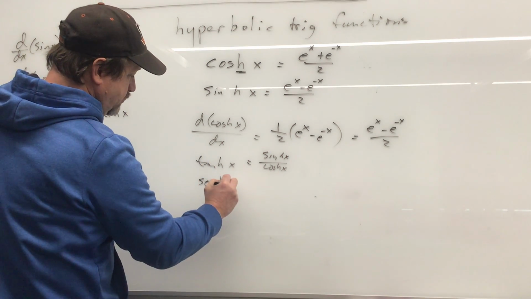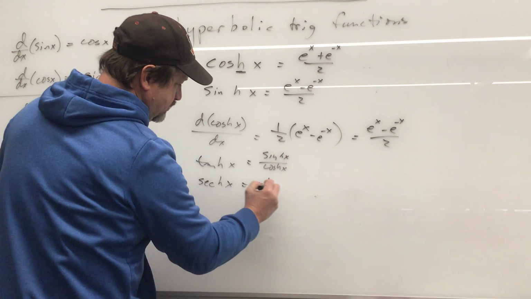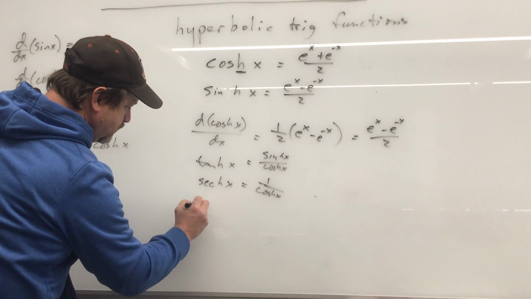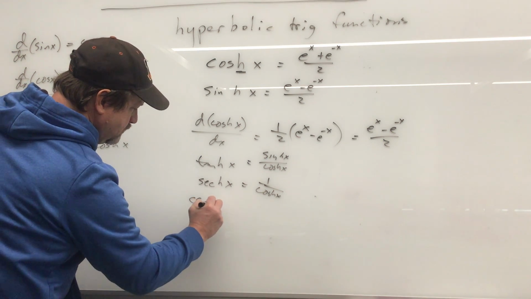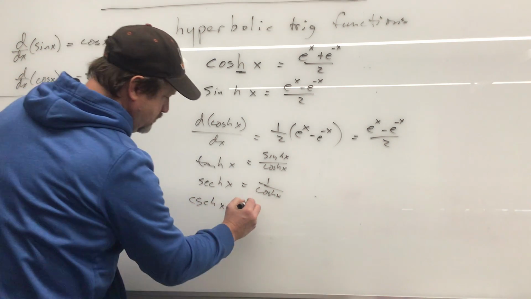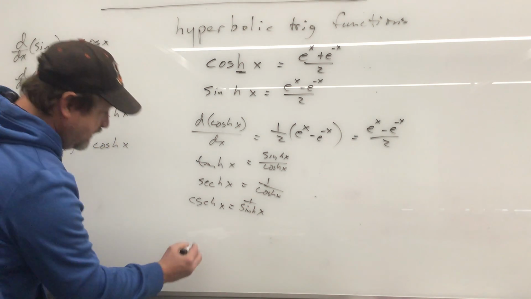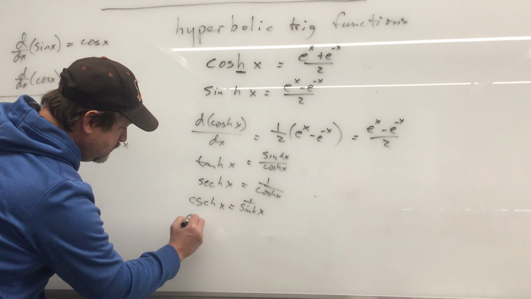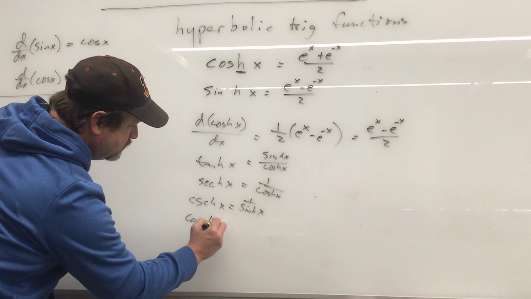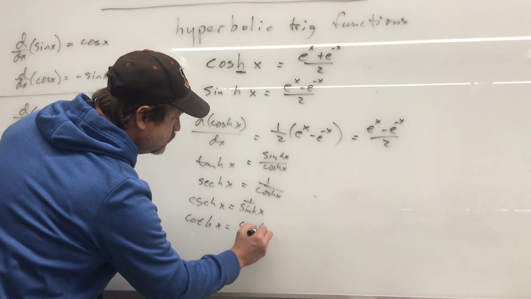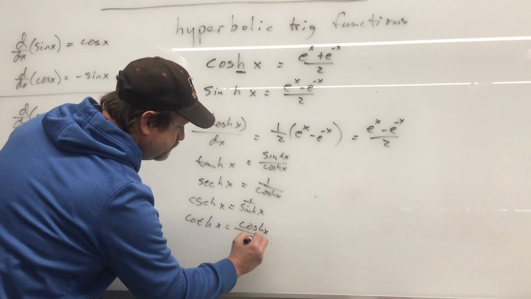Hyperbolic secant, which we would call sech, is 1 over cosh. Hyperbolic cosecant, which we would call csch, would be 1 over sinh. And coth will be 1 over tanh, or you could write it as cosh over sinh.